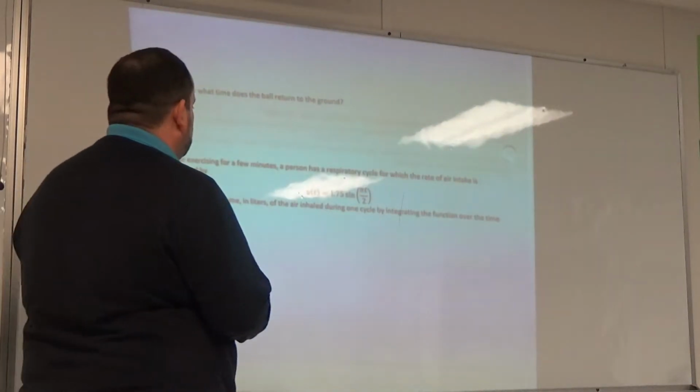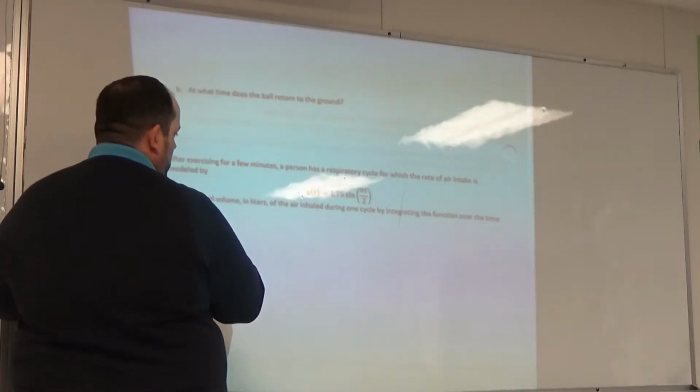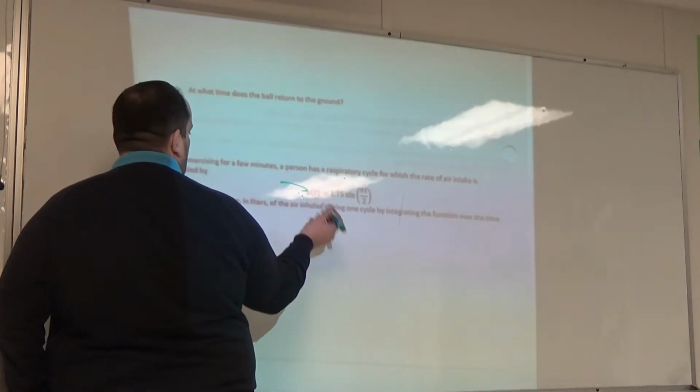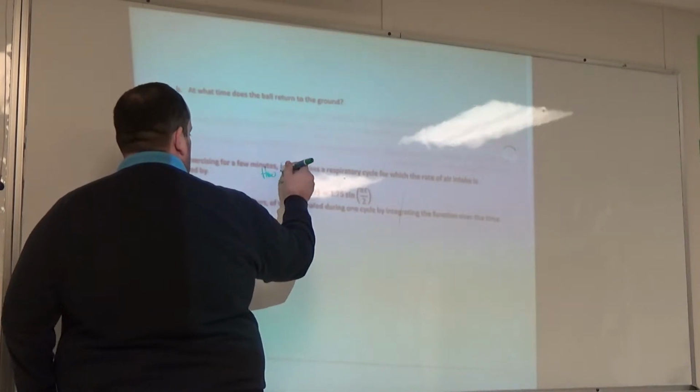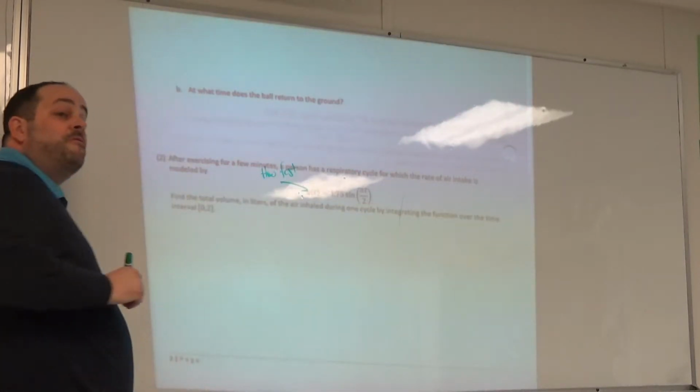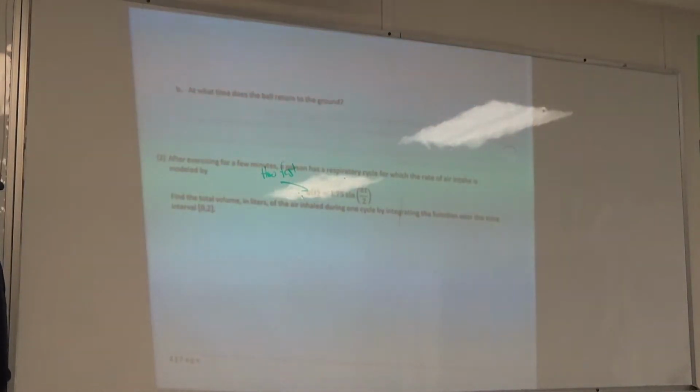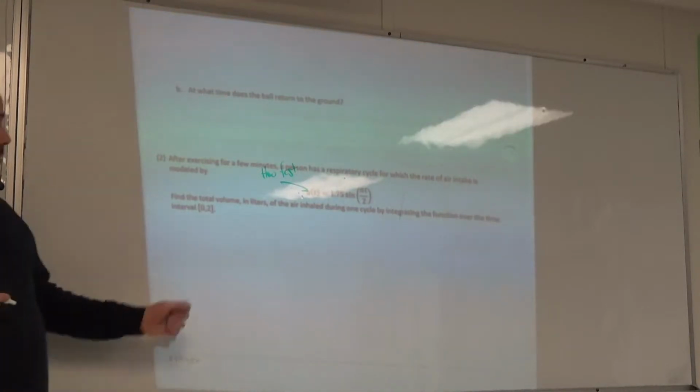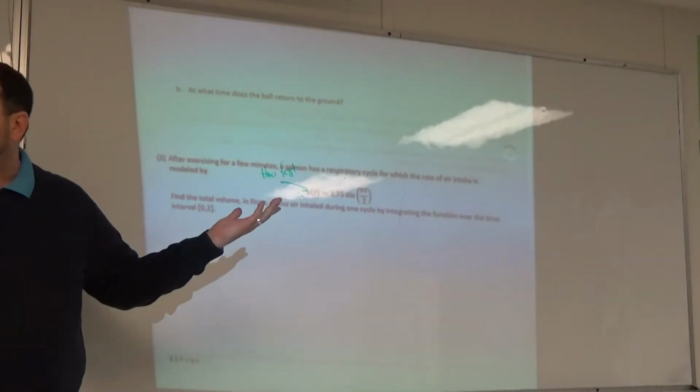So Jonathan, quick question for you. What does V of t tell you here? The rate at which air is being taken in. Another way to say that is, this is how fast air is coming into your lungs. And I want to know what's the total volume that comes into your lungs.